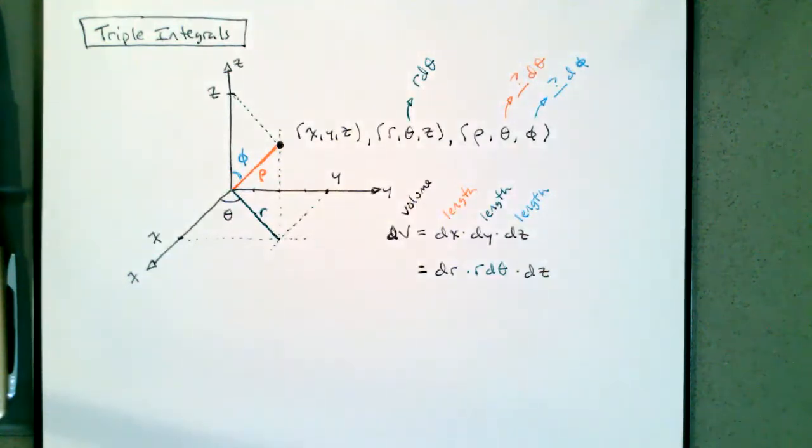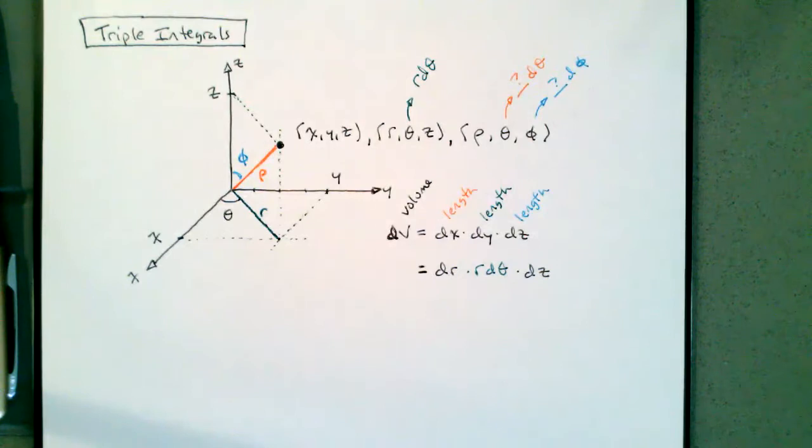In spherical coordinates, we need to turn d theta and d phi into lengths. Rho is a distance, so d rho is going to be a length, no problem. d theta needs to turn into a length, but the way we did it in cylindrical coordinates isn't going to work, because we had r times d theta, and there's no r here in spherical coordinates.